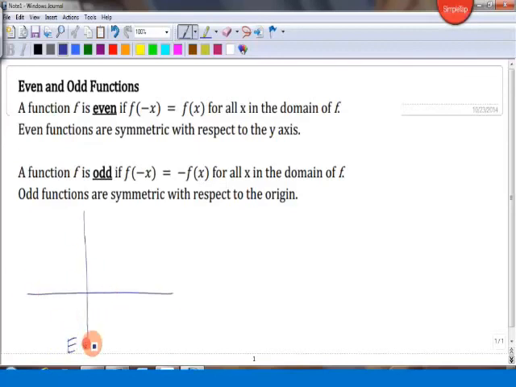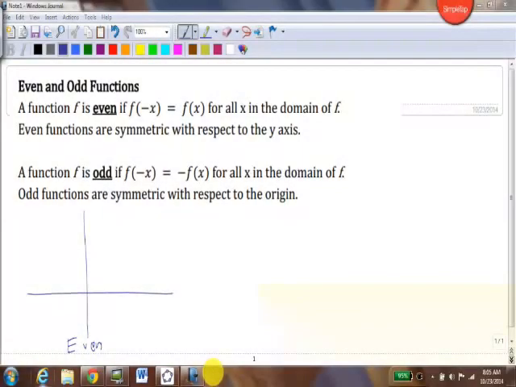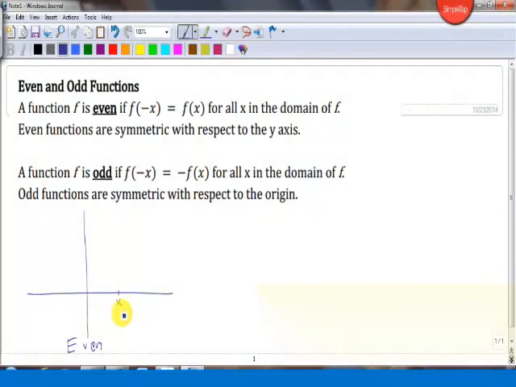So, even function, let's see what it might mean. Let's see if I can attempt to draw an even function. What it might mean for f of negative x to equal f of x for all x in the domain. Let's pick an x, and let's imagine it's got to be defined to be something. It could be 0, could be positive, could be negative. I'm going to imagine that it might be positive. If f of x is positive, that means there'd be a point up above the x-axis. So that's the point, x, f of x. Now, the domain is symmetric with respect to 0, so if x is in the domain, that means negative x is also in the domain.